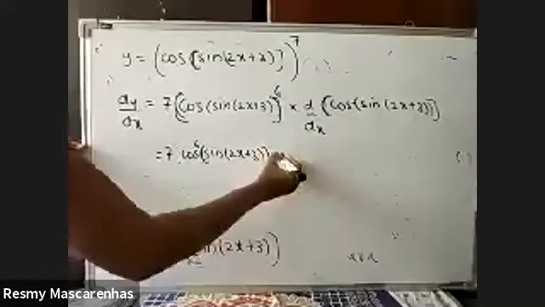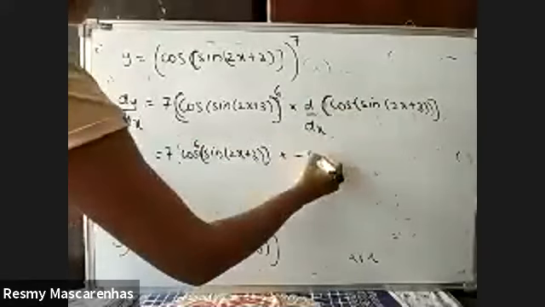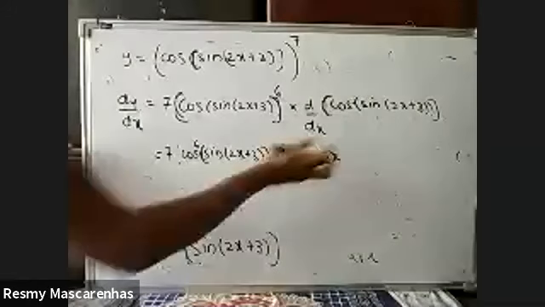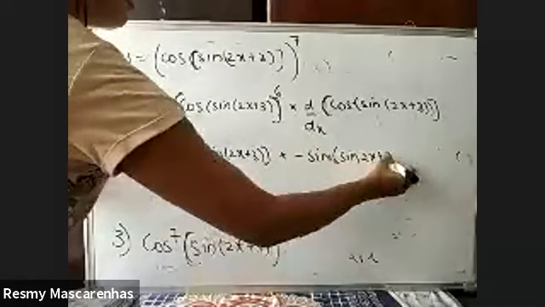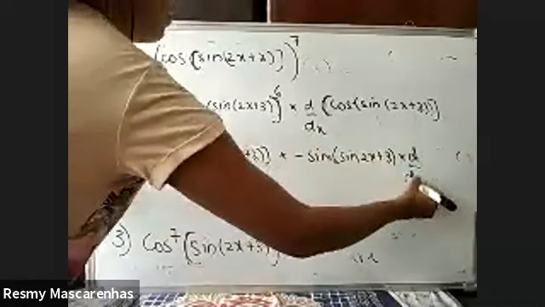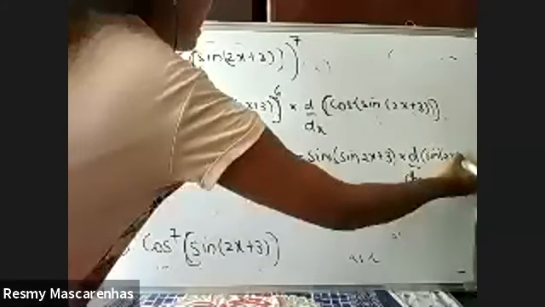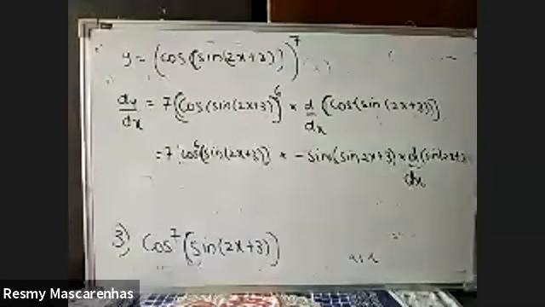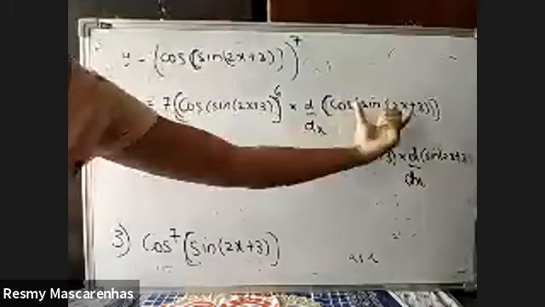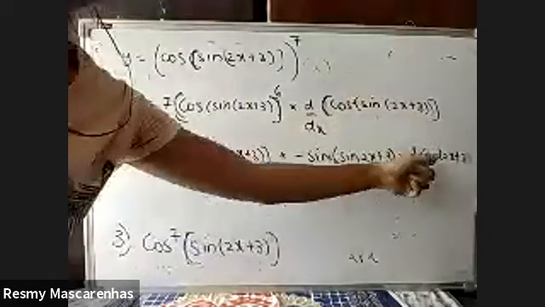Now, when you are taking the derivative of cos of something, what is it? Minus sine of whatever is inside the bracket into the extra derivative of it. So this is like a big bracket now. Cos of something is minus sine of that into the derivative of that.